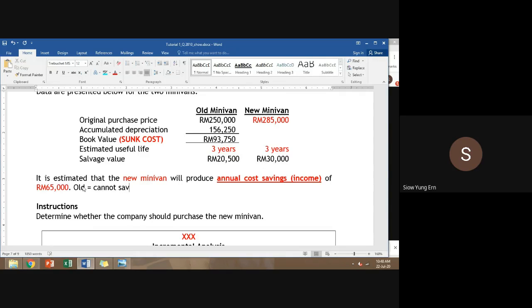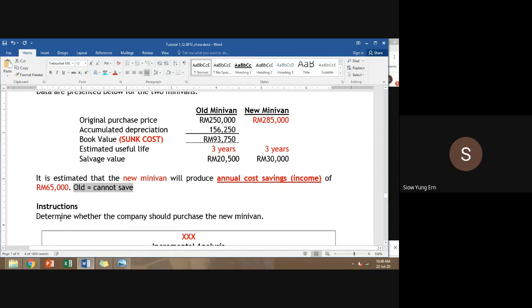Only the new minivan can help to save up to 65,000 a year. The old minivan will not be able to save this 65,000. So the old minivan is less efficient compared to the new minivan.